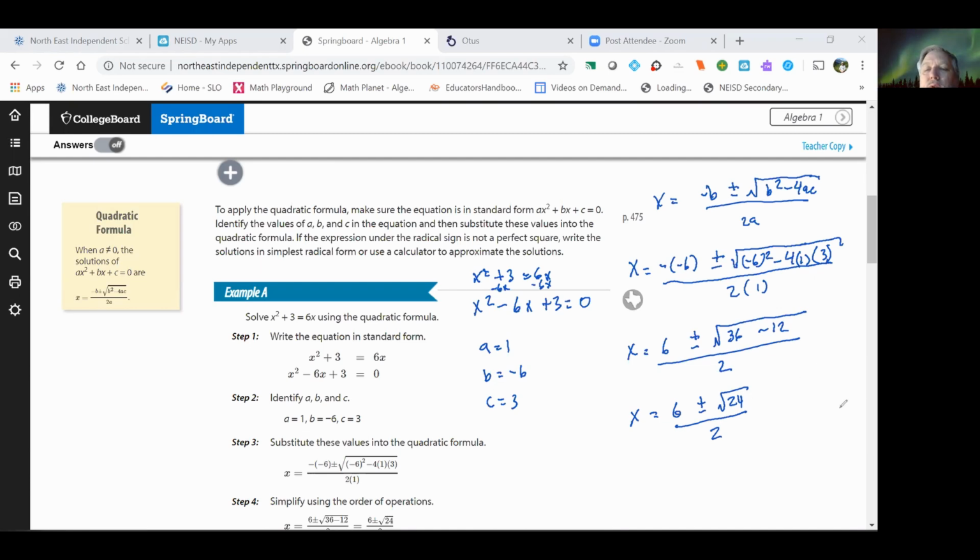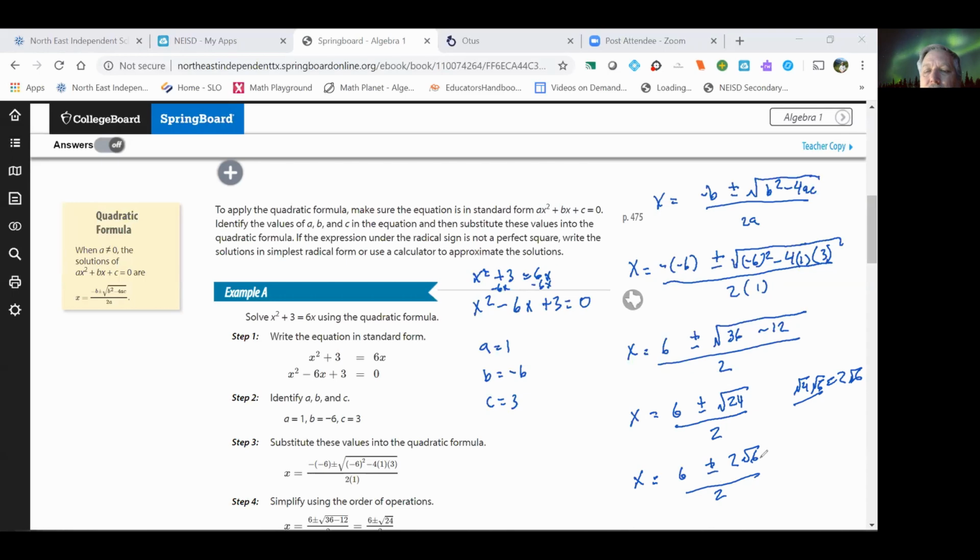The square root of 24 could be rewritten as 4 times 6, and 4 is a perfect square. So that's going to be 6 plus or minus the square root of 4 times the square root of 6. So that's going to be equal to 2 times the square root of 6, all that over 2. And I can simplify.